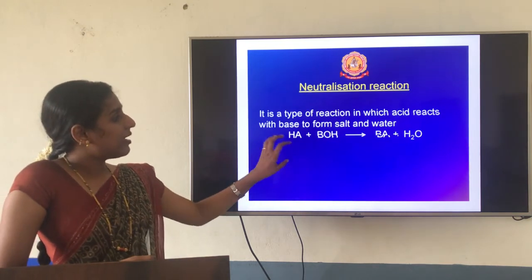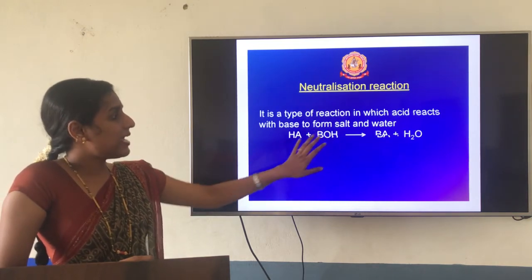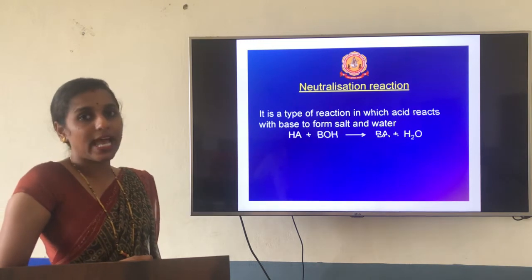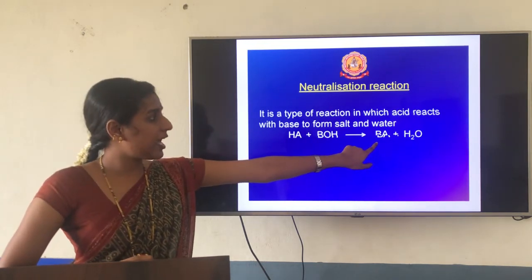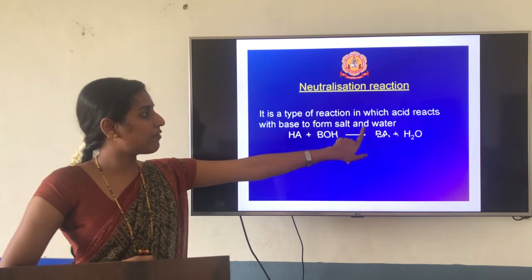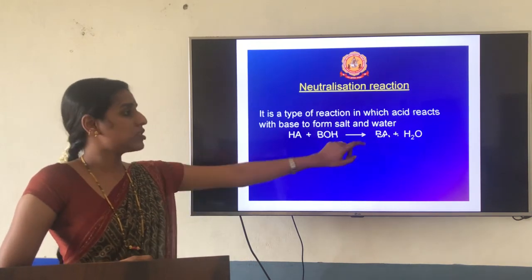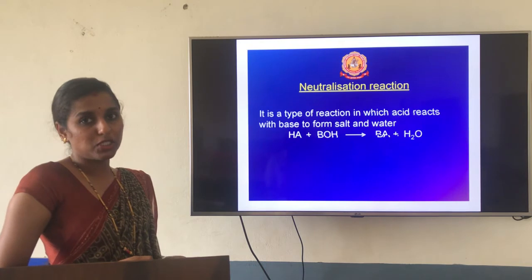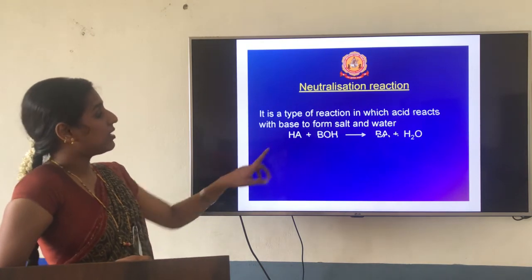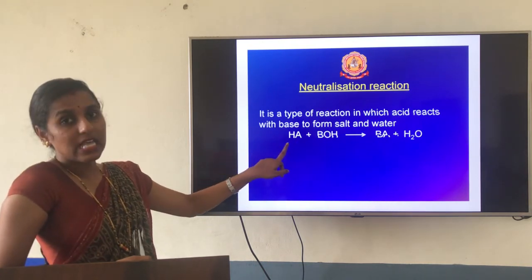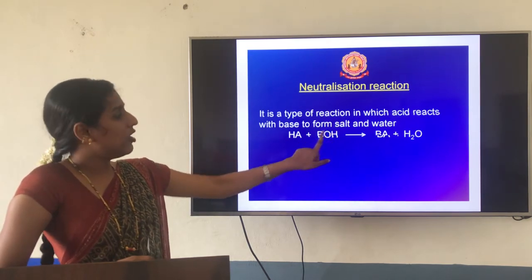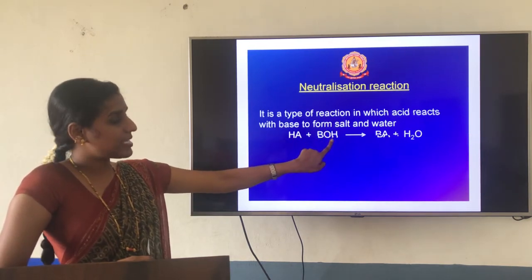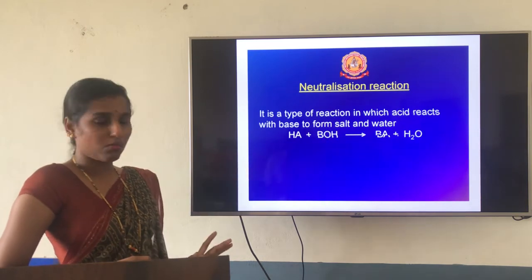When an acid and a base react with one another, you will get a neutral product along with water. The neutral product will be a salt in nature. So salt as well as water will be formed. How is that possible? As I said, acid has H plus ion and base has OH minus ion. So this H plus and OH minus will combine so that you get a water molecule.